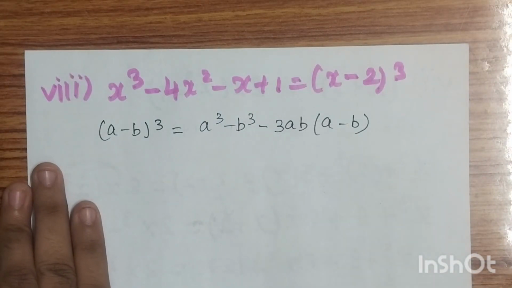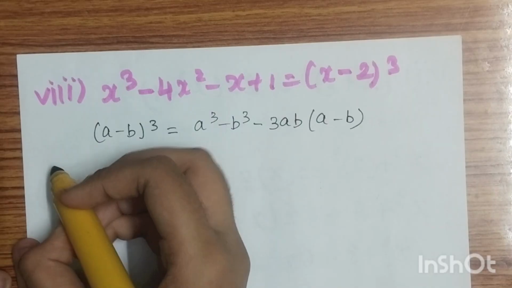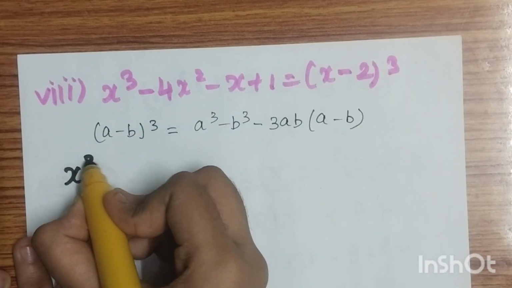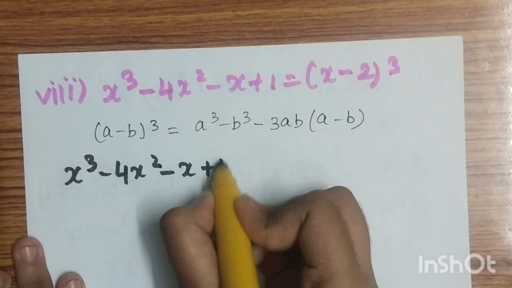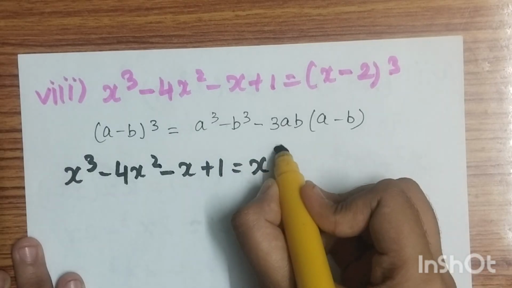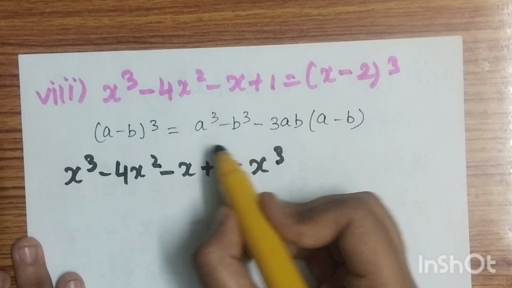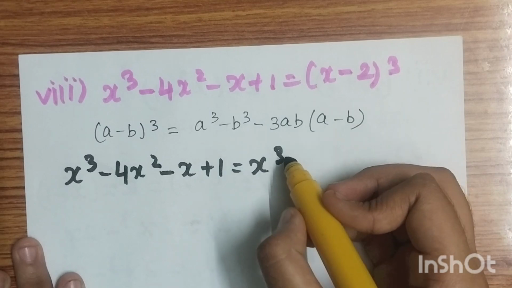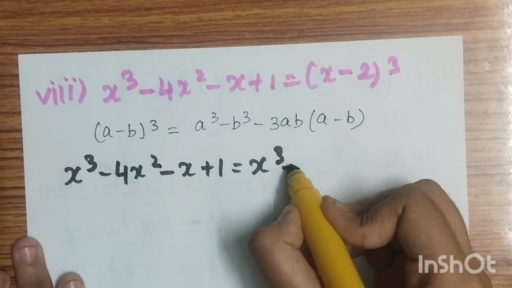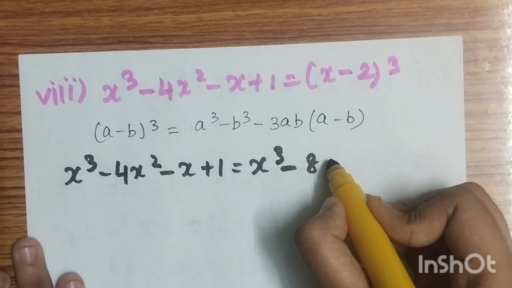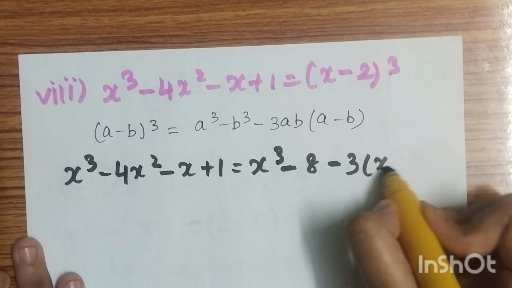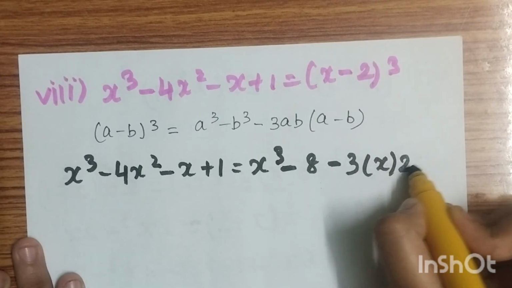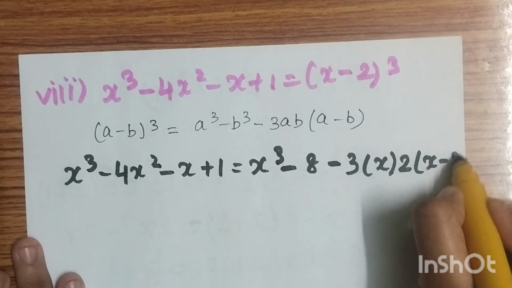Just substitute in that equation. So x cube minus 4x square minus x plus 1 is equal to x cube, and 2 cube is nothing but 8, so minus 8 minus 3 into x into 2 into (x minus 2).